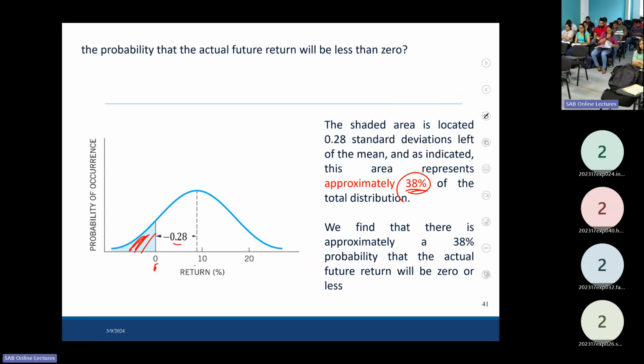But if you are going to do further analysis using these statistical things, you have to convert our distribution into the normal distribution. Then using the normal distribution properties, you can interpret the probability of your return being less than 20, greater than 20, or less than 0. So likewise, you can identify the probability of getting this return if you invested in this particular company, and do the analysis further.